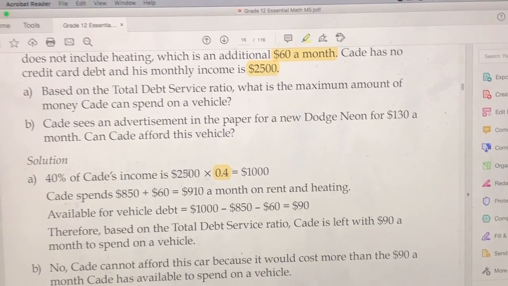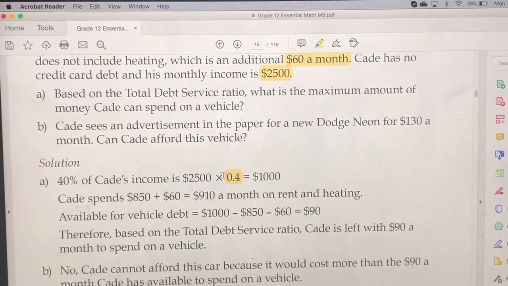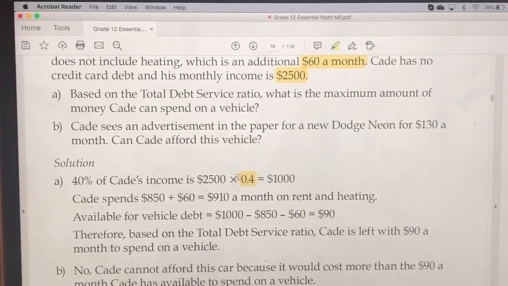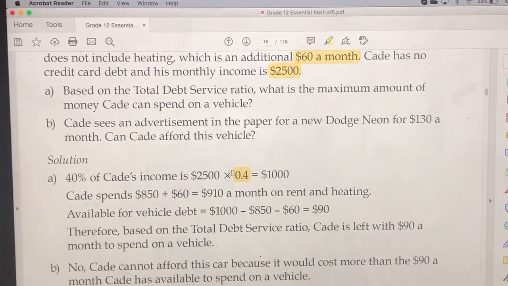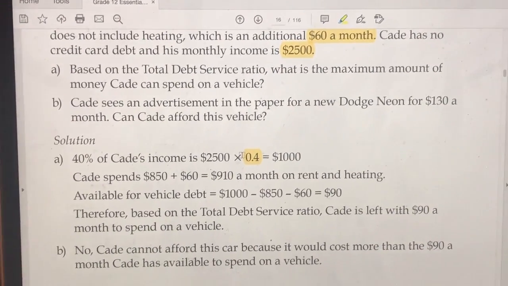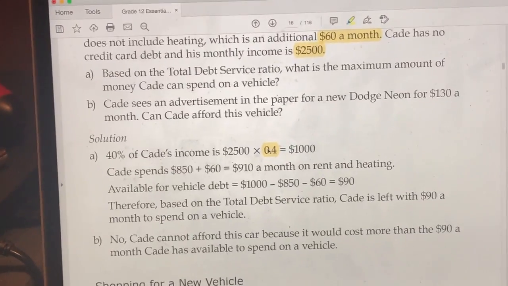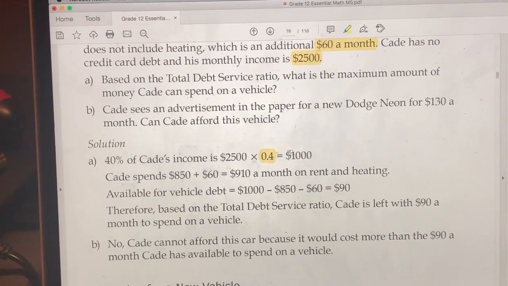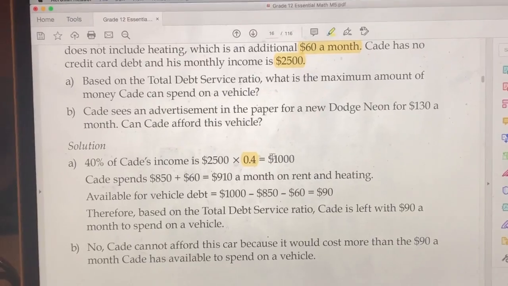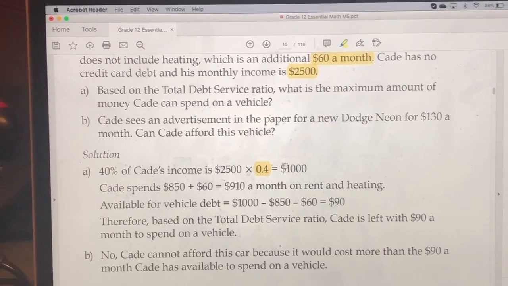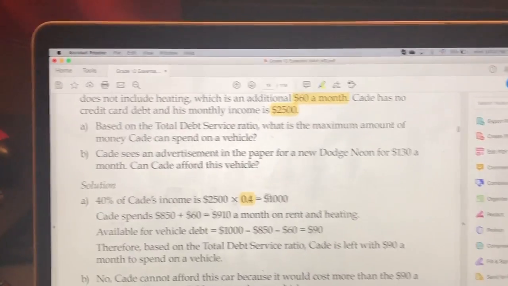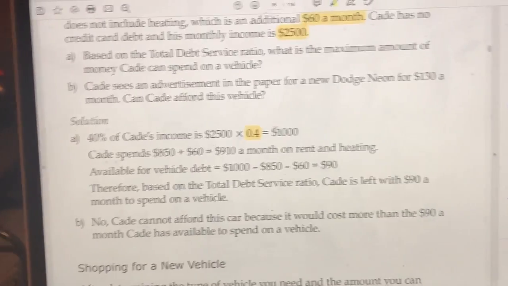So this is his income that he makes. If we wanted to multiply by, in this case, the TDS, total debt service ratio, we're going to have to multiply that by the 40% allotted. So we get an actual $1,000 of how much he can actually afford on a car, not including how much he's going to have to pay for the expenses.